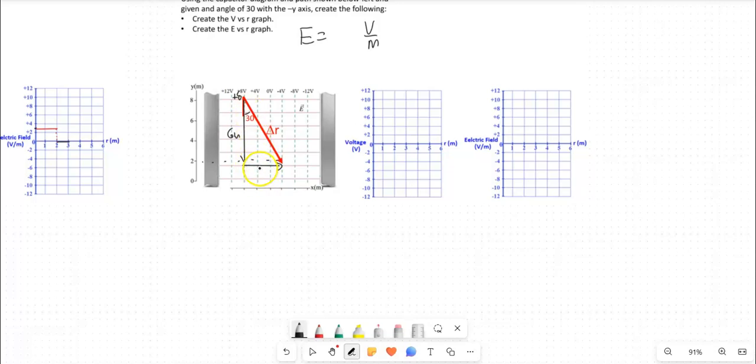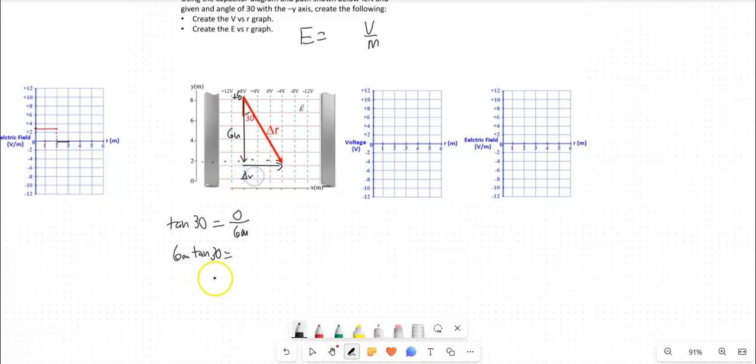So we need the side opposite our angle of 30 degrees. This side right here is going to be the opposite side. We have adjacent 6 meters, so when I hear opposite over adjacent, I think of tangent. So the tangent of 30 degrees is equal to the opposite side over the adjacent side, which is 6 meters here. So 6 meters times tangent of 30, that's going to be our actual displacement delta R.